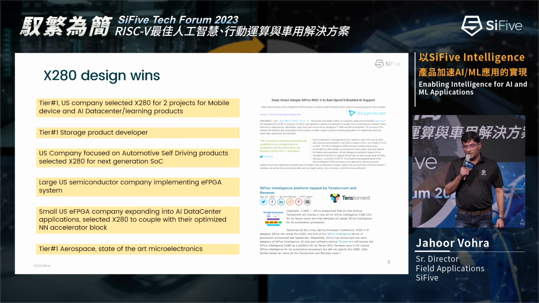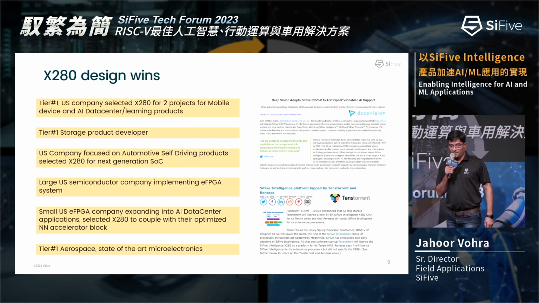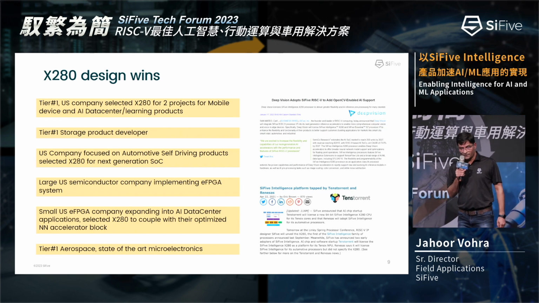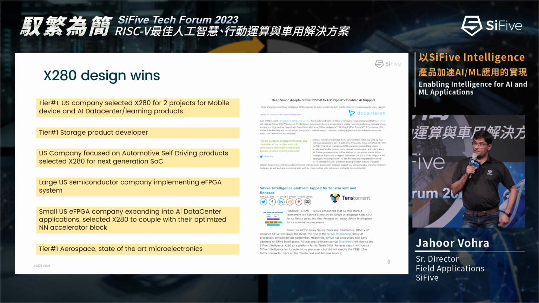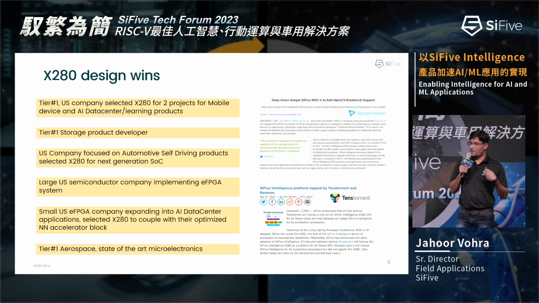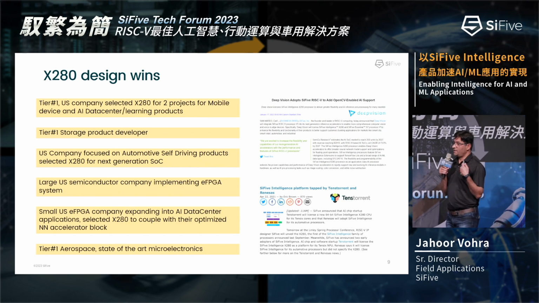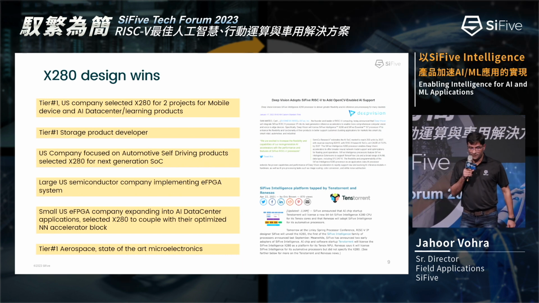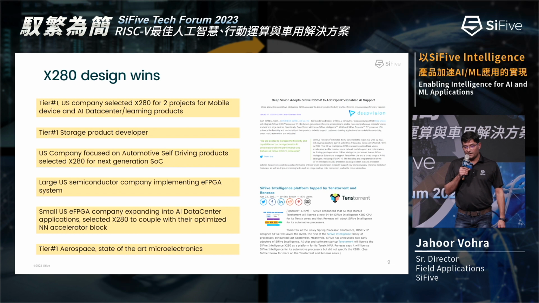It's also being developed in the same company for AI data center applications as well. The X280 is also used in a storage engagement where the customer is using RISC-V vectors and AI to accelerate search in disk drives, for instance. And then the automotive use cases are around sensor fusion.